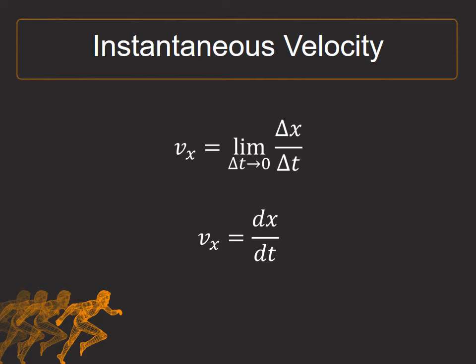Instantaneous velocity is the limit of delta x all over delta t as delta t approaches 0. Or it is the limit of the average velocity. Diba? Si delta x all over delta t is the average velocity. So, the limit of average velocity as delta t approaches 0, that is actually the instantaneous velocity.